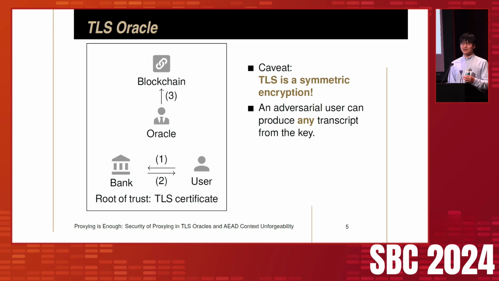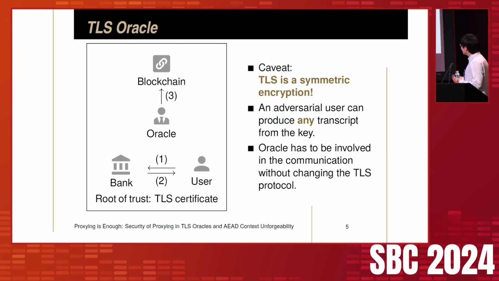Well, that's obviously not very nice, right? Because nobody wants a system that's not sound at all. So based on that, we know that the oracle has to be involved in the communication in some way, if we don't want to change the TLS protocol.